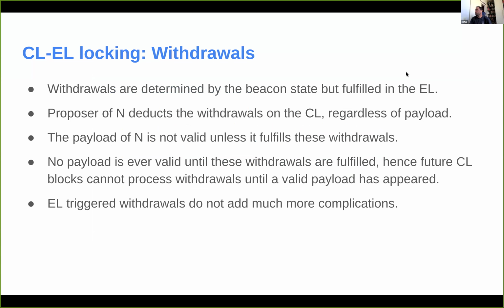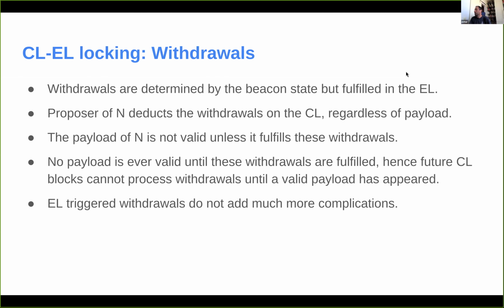But now those withdrawals are not fulfilled in the execution layer when we process them both together, when we have the assurance that the execution block and the consensus block are locked in. Now we process the withdrawals, we deduct the validator, and then we require that the payload, to be valid, satisfies the same withdrawals that we've already paid out.